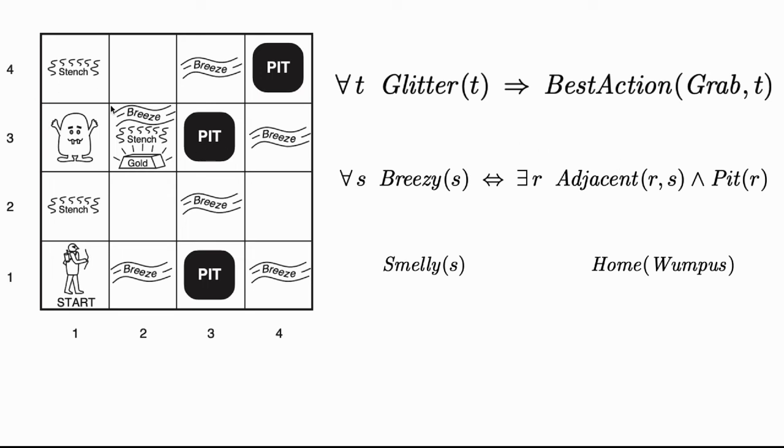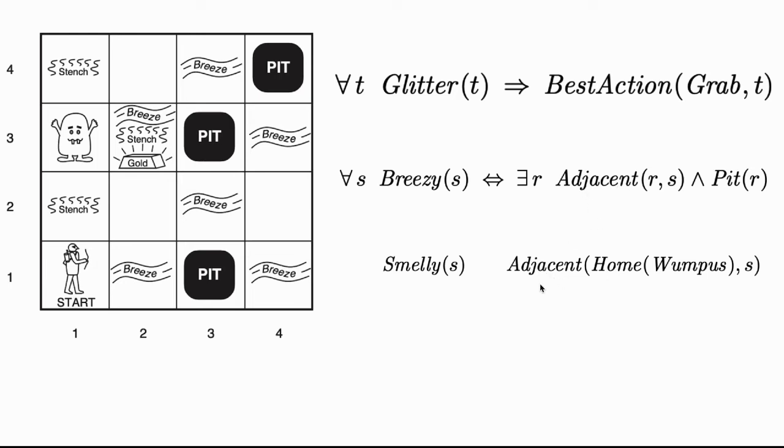We also know that if there is a wumpus in a particular cell, then the neighboring cells will have a stench. So I have a function called smelly of S, and if my S is smelly, then the adjacent cell will be the home to the wumpus.